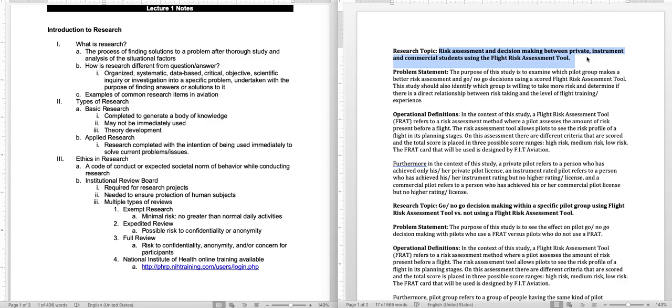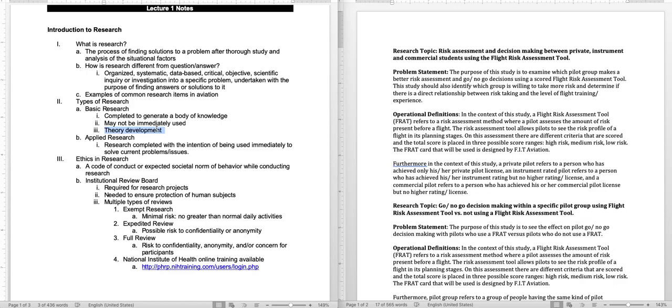Showing that, okay, if we collect this data, it may not be immediately used. It's theory development. It helps you understand which pilot group is more of a risk in that sense, or decision-making risk, or which scenarios would cause one pilot to go versus another not to go. So that would be basic research.